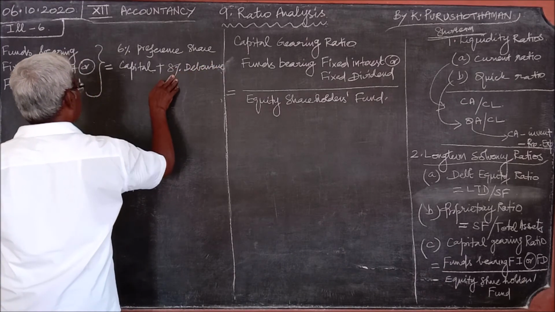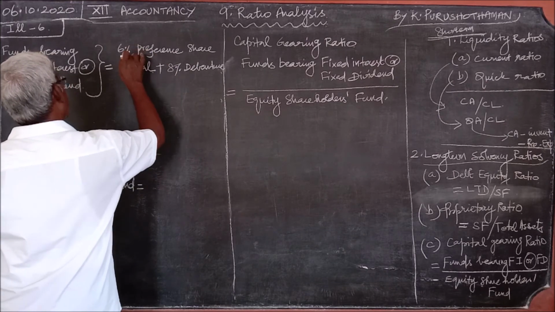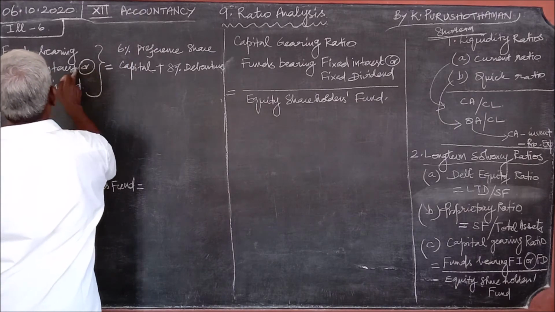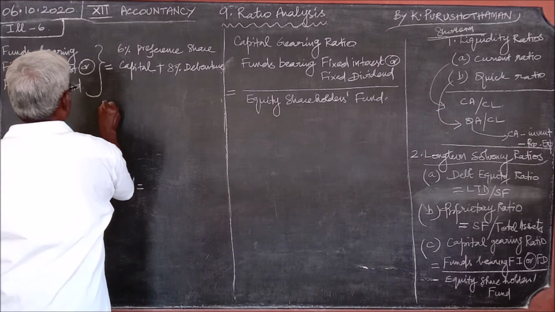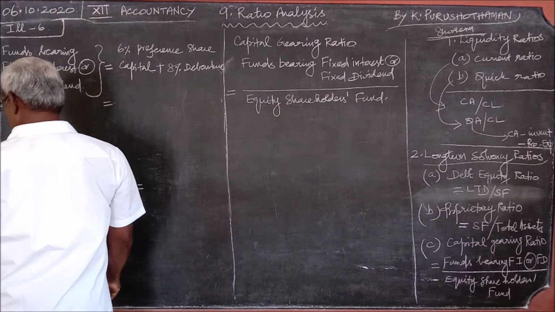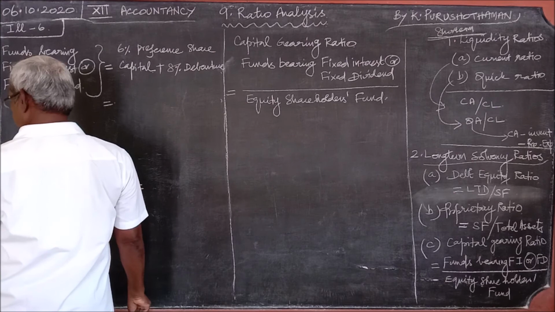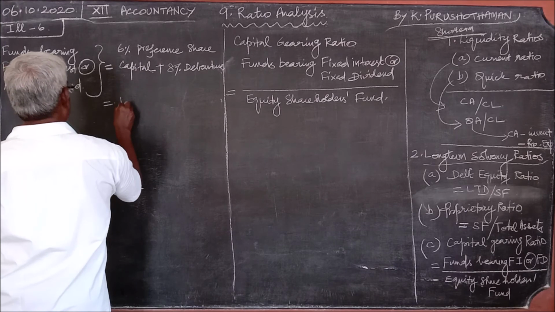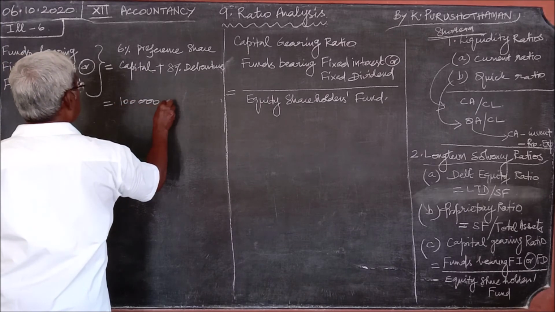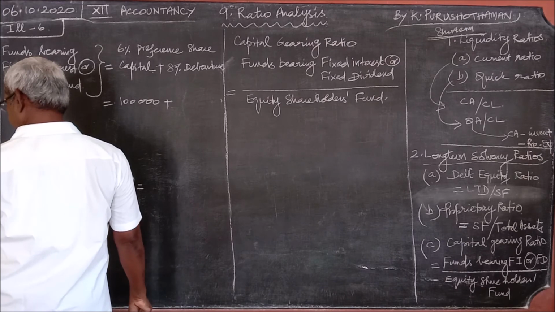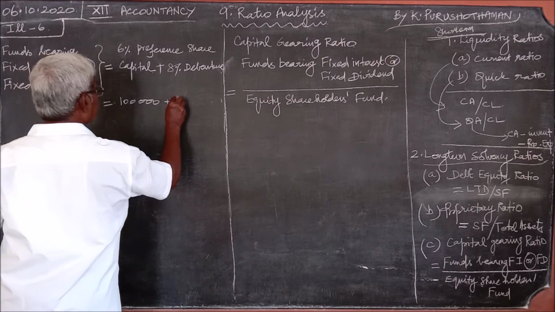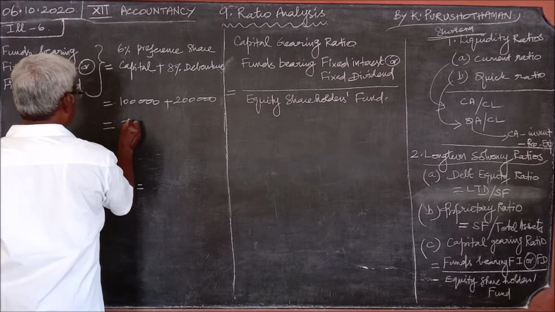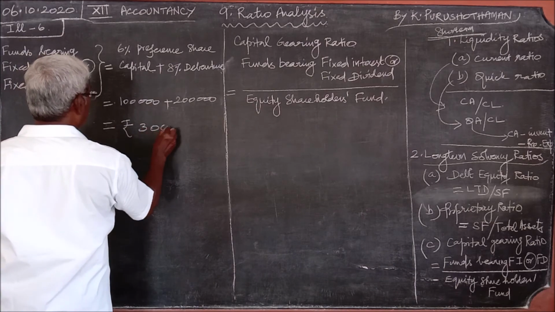The debenture holder is given 8% interest, the preference shareholders are given 6% dividend. So these are funds bearing fixed interest or fixed dividend. The amount is preference share capital 1 lakh plus 8% debenture 2 lakhs. So what is the total value? This will be 3 lakhs on the whole.